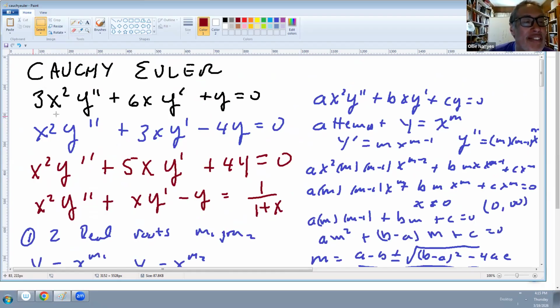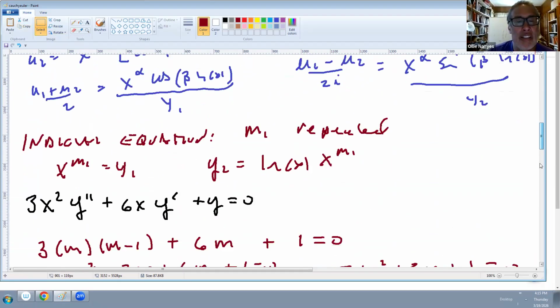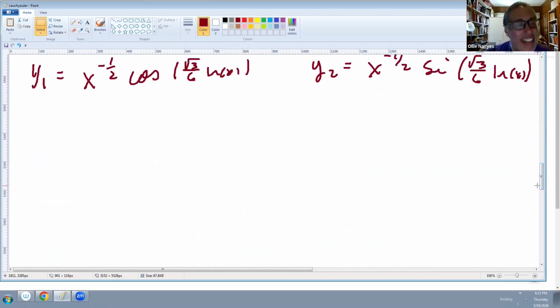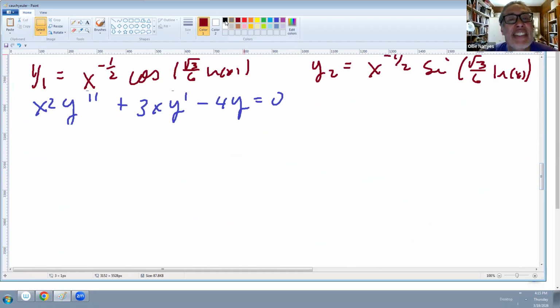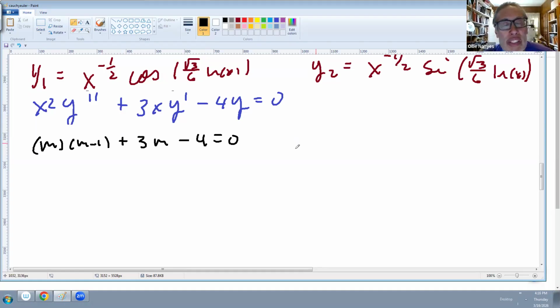Now let's do this one here. And let's just check the initial equation. The initial equation in this case is going to be m times m minus 1 plus 3m minus 4 is 0.